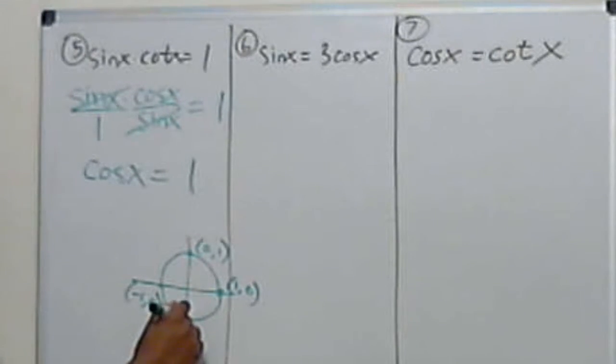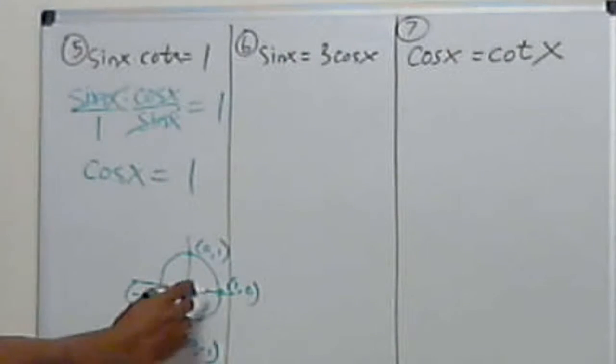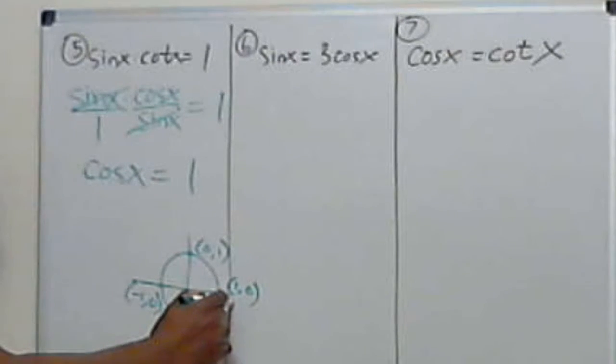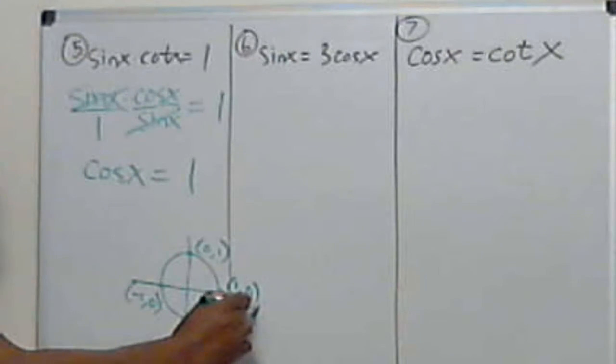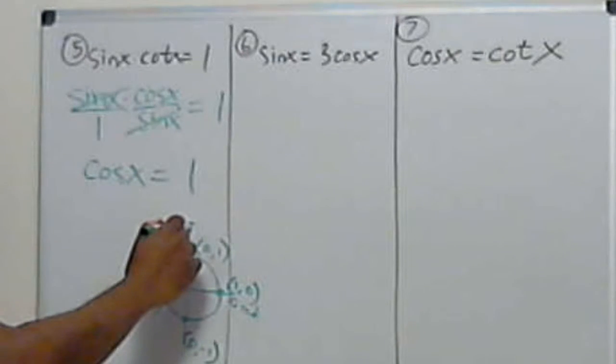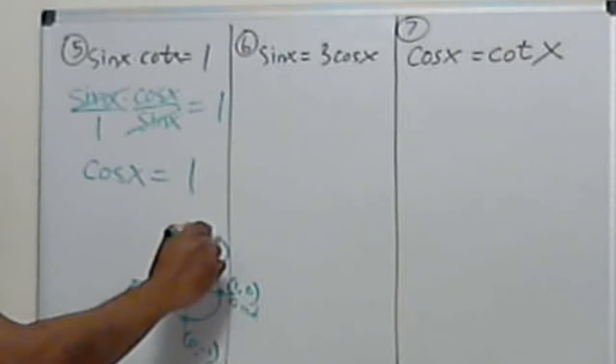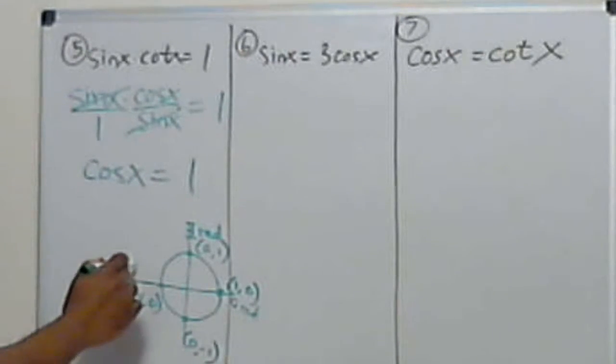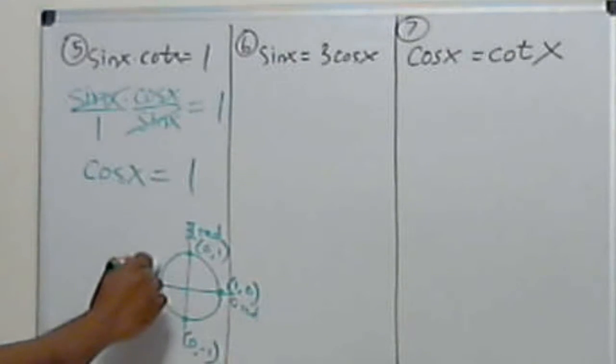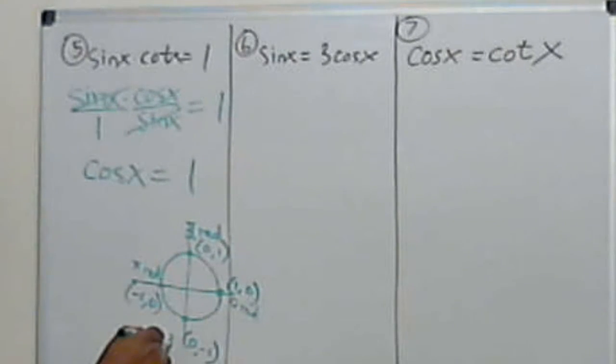And this is (0, -1). Now, this point here is considered to be 0 radians. This point is pi over 2 radians. This point is pi radians, and this down here is 3 pi over 2 radians.